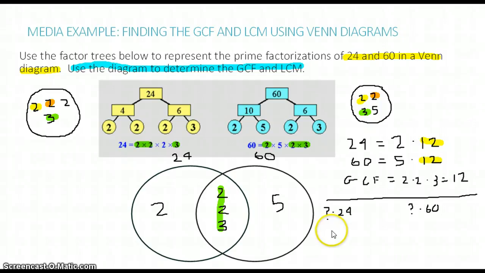Well, 24 is equal to 2 times 12. So that means the LCM is some number times 2 times 12. And similarly, 60 is 5 times 12.